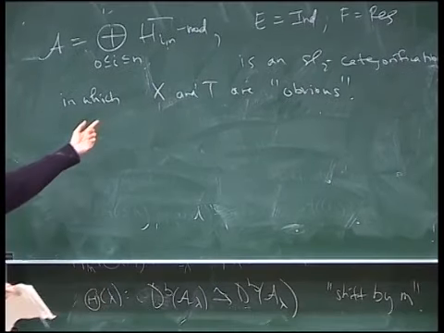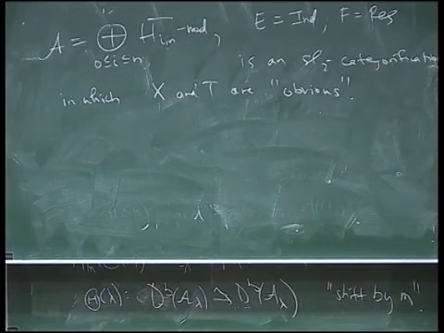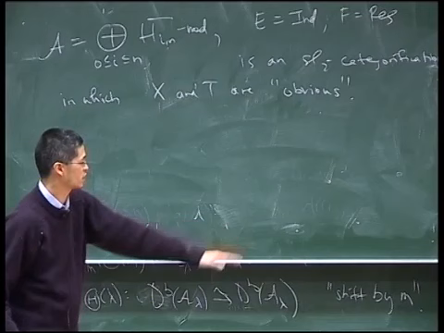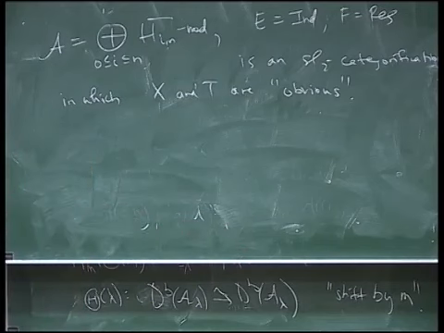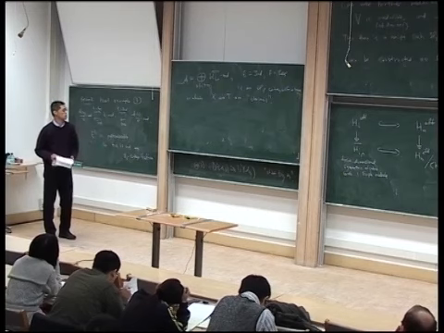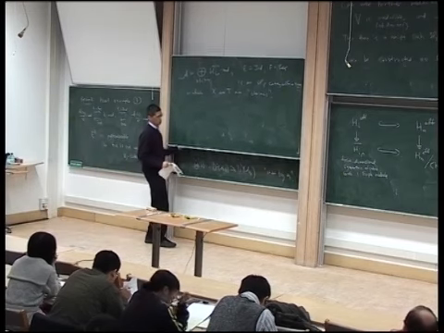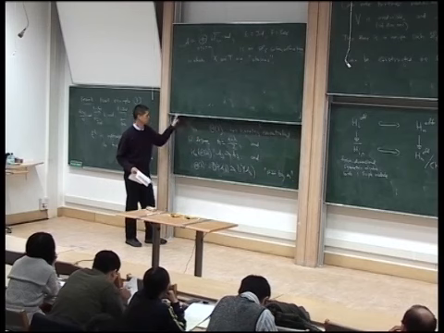Working directly in this particular model of the categorification for an irreducible module, one just makes the calculation of Rickard's functor directly and shows that you get the appropriate result, this theorem B.